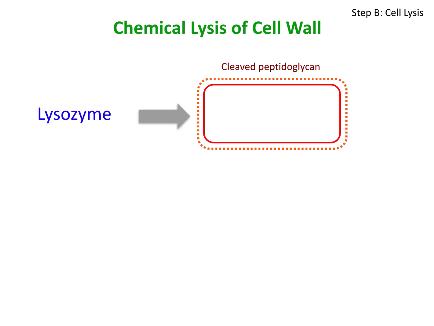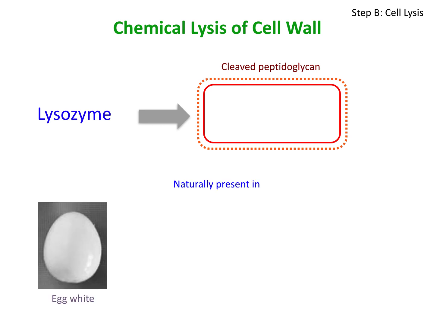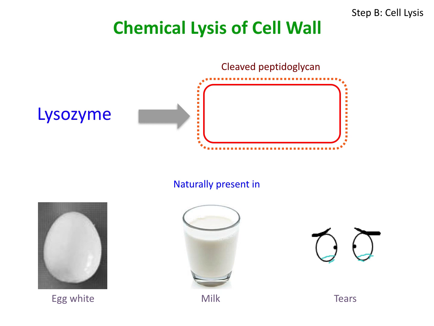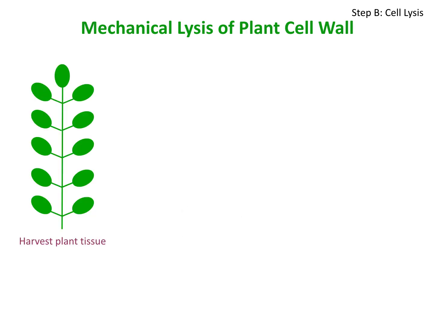Lysozyme is naturally present in egg white and in bodily secretions like milk, saliva, and tears, where its original role is to break down the cell envelope of any bacteria that comes into contact with cells of the organism that is producing this enzyme. In the case of plants, where cell wall is mostly made of cellulose, lysozyme is not able to lyse the cells. That's why mechanical lysis is preferred here.